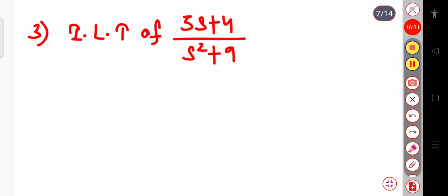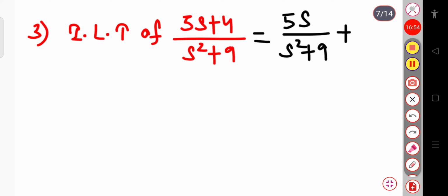We already know that we cannot calculate directly the inverse Laplace transform of this. So we have to break this part: this is equal to 5s divided by s square plus 9, plus 4 divided by s square plus 9. So in this way I can write.